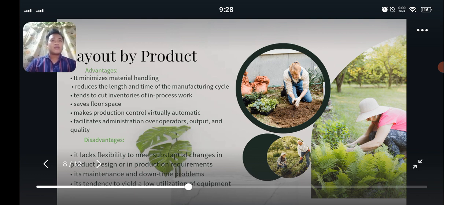The disadvantage is that it lacks flexibility to meet substantial changes in product design or in production requirements. Then the third one is maintenance and downtime problems. The last one is its tendency to yield a low utilization of equipment. So that's all for layout by production and advantages and disadvantages.